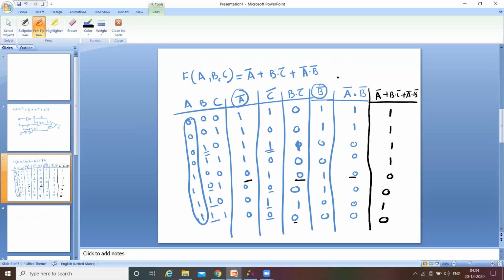Now I'll write here: A bar plus B dot C bar.